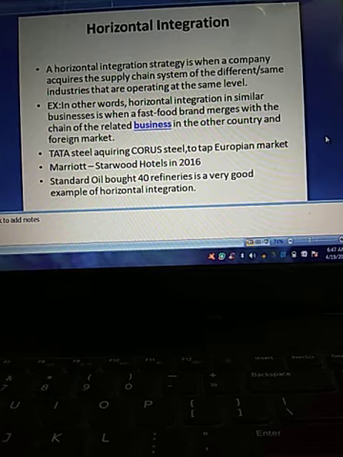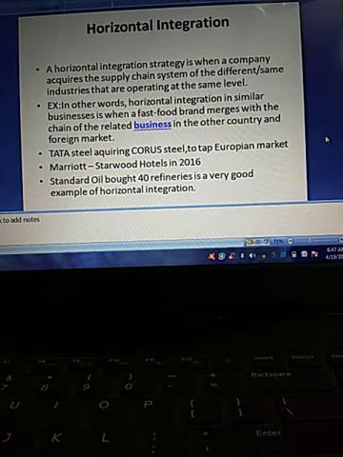So both are related to the hotel industry, side by side, isn't it? Such a kind of integration is known as horizontal integration, which happened in 2016.